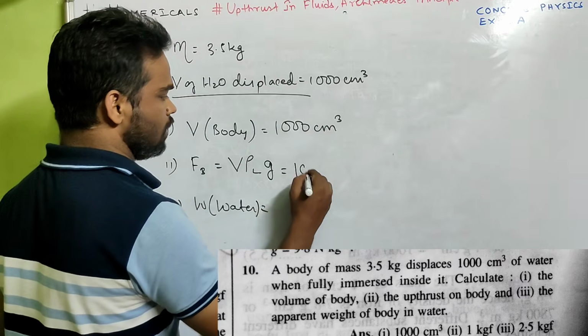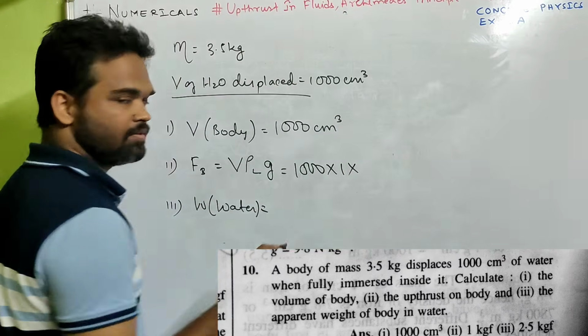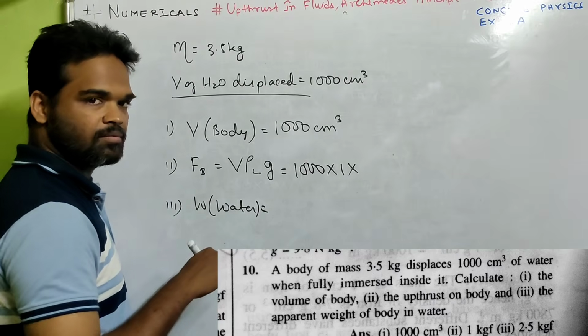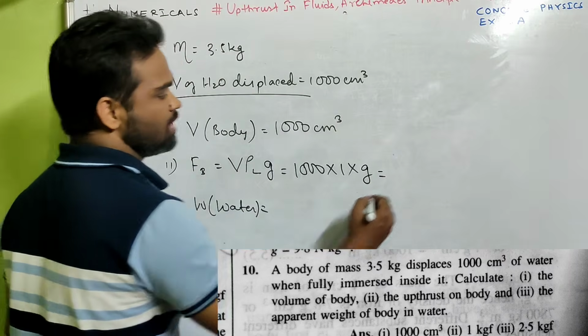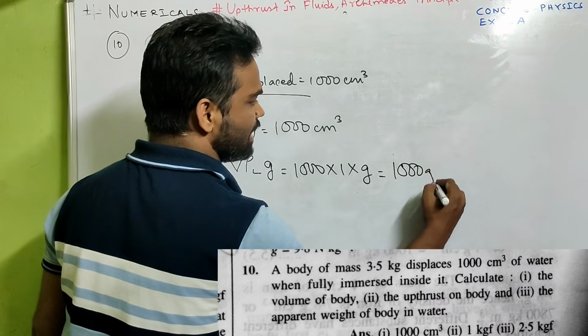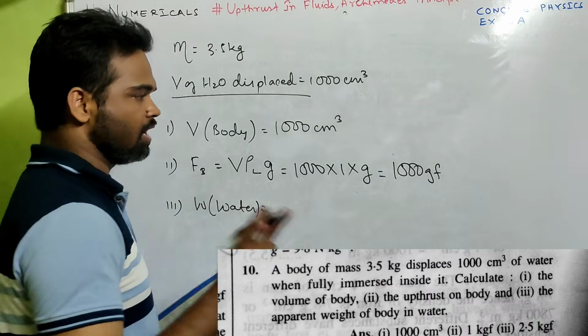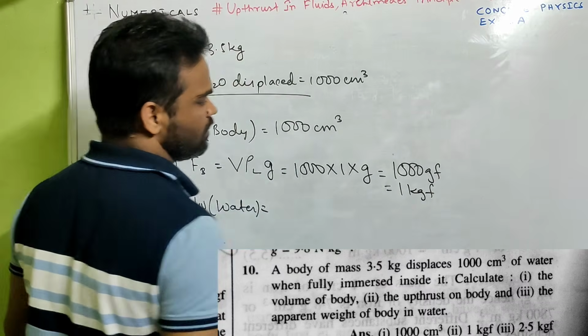V is 1000, g is 1, rho is 1, water. Density of water in CGS unit is 1 gram per centimeter cube. So that's 1000 gram force. They've given the answer in kgf, so we know 1000 gram force is 1 kgf.